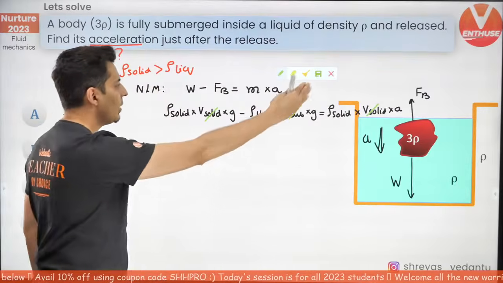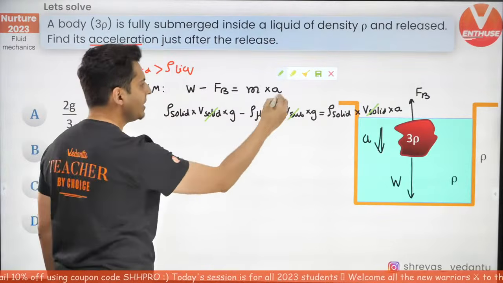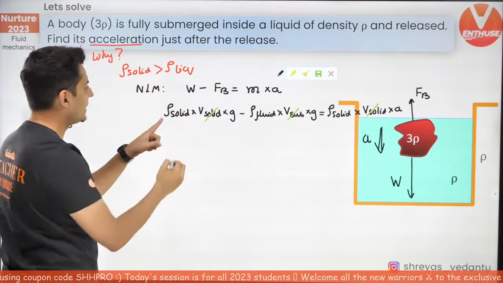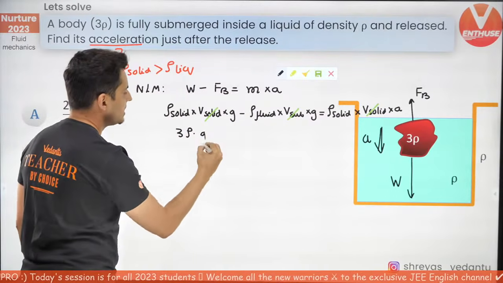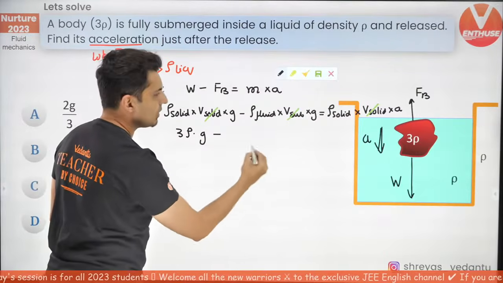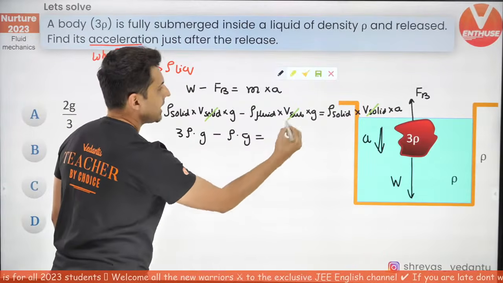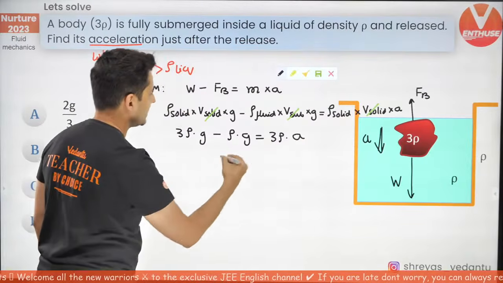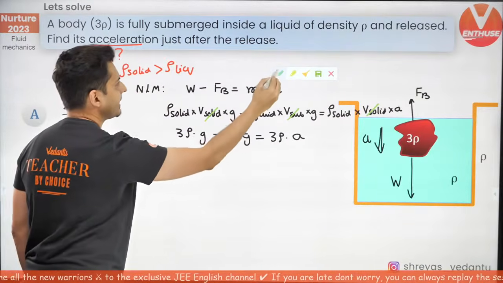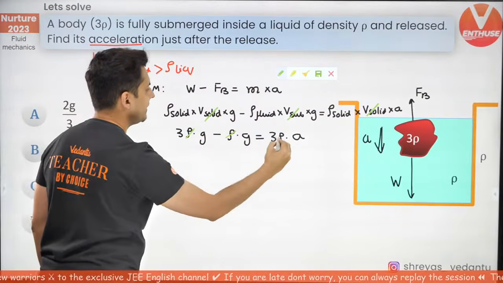So hence they will all cancel out. Now it's just a matter of substituting the values. The density of the solid is 3 rho into G, it comes as it is. Density of fluid is rho into G, and this is density of solid again, which is 3 rho into acceleration. Rho also will get cancelled, like you can see from everywhere.